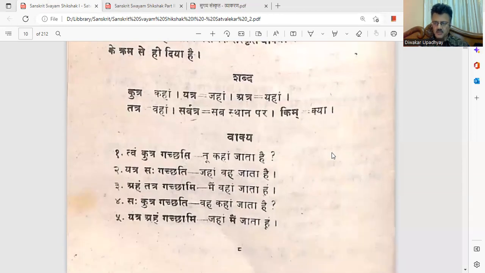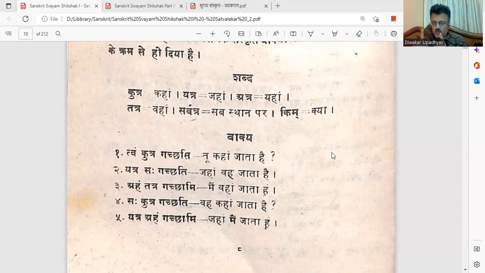Now let's see another new word. We have a new word now. Kutra, where. Yatra, where, there. Yatra also means where, but not as a question. For example, the book is where you put it. The book is where you kept it.